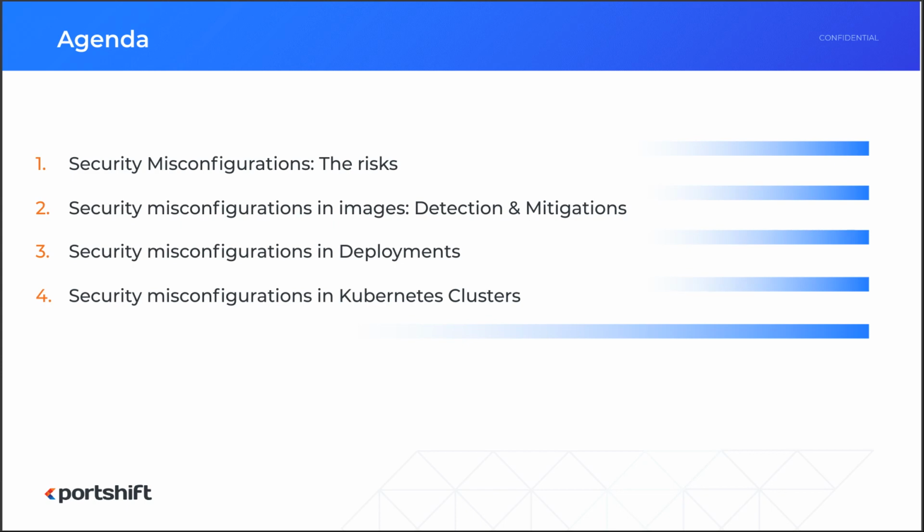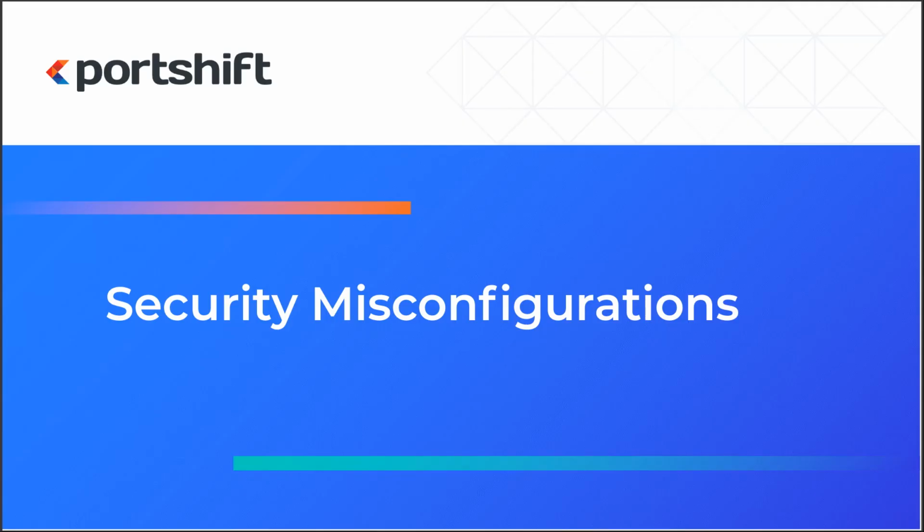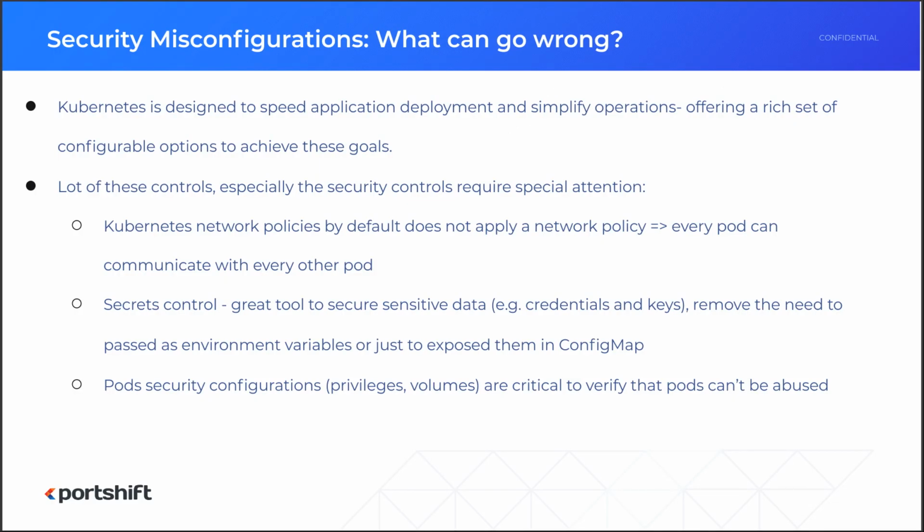All right, so let's start. Let's talk about what can go wrong, why we need configurations. And in discussing what can go wrong, a lot of things can go wrong. Zohar, when we deploy a cluster in Portif, what are the main things you put your focus on?